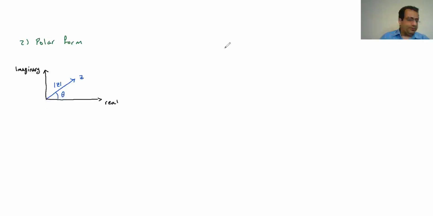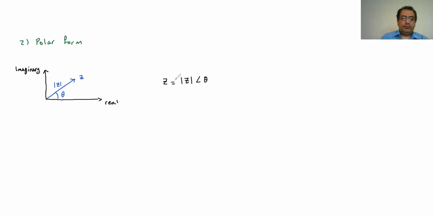In the polar format, I will say that z is equal to the magnitude of z with the angle of theta. So this is how we will show them in the polar format.